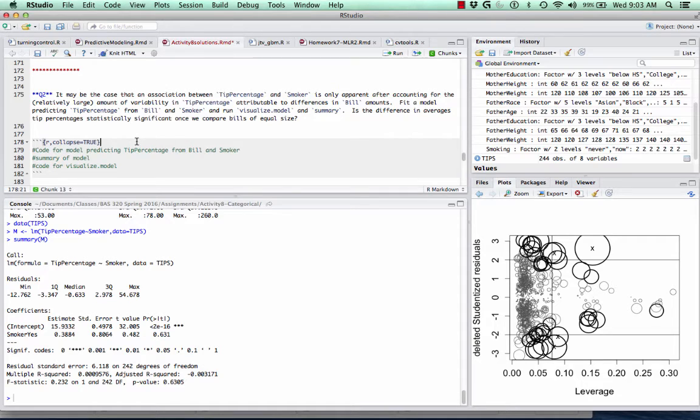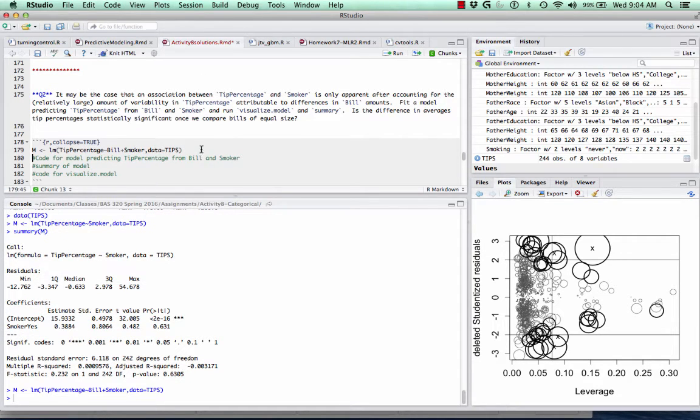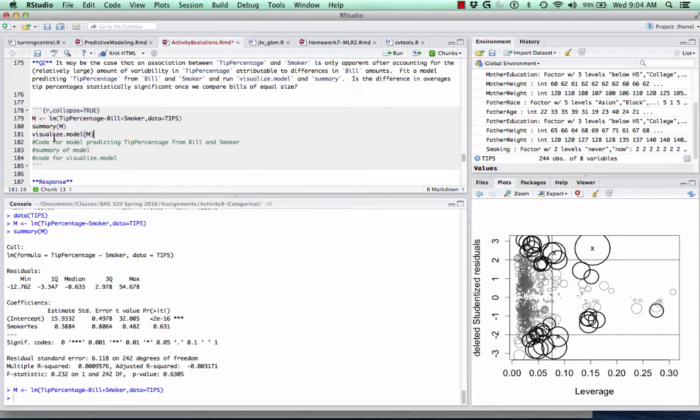So let's fit a more sophisticated model. Let's try to predict the tip percentage based on the bill amount and also where the table was seated, smoking section or non-smoking section. So we'll run this, and then we'll get a summary of this model, and then we'll also visualize the model. We know that when we have a categorical predictor, basically we get a separate regression line for each level.